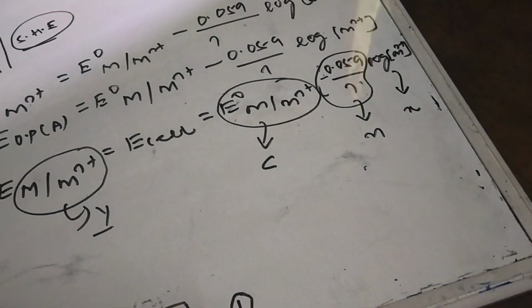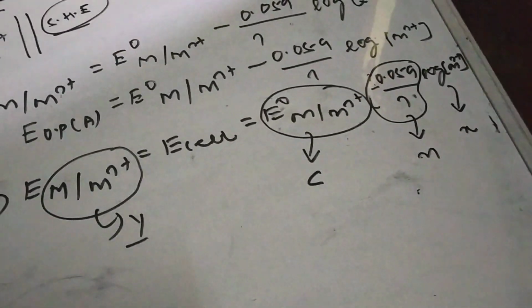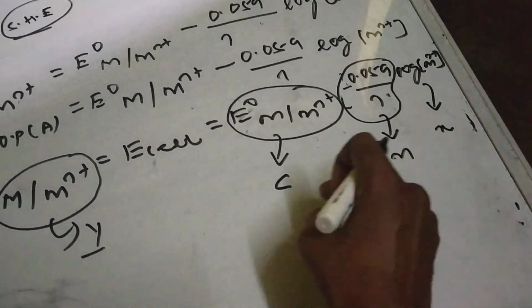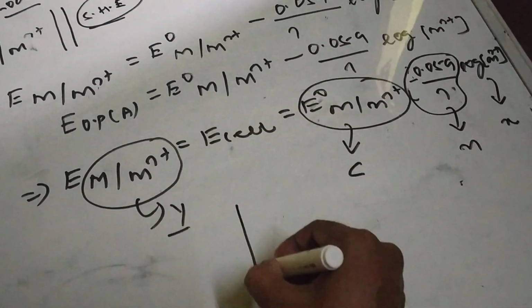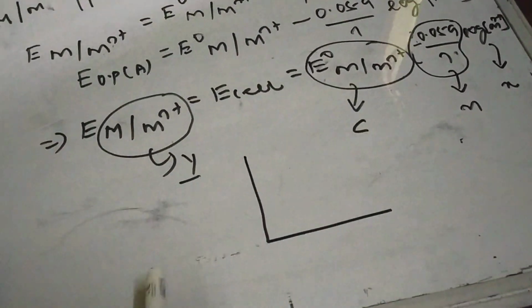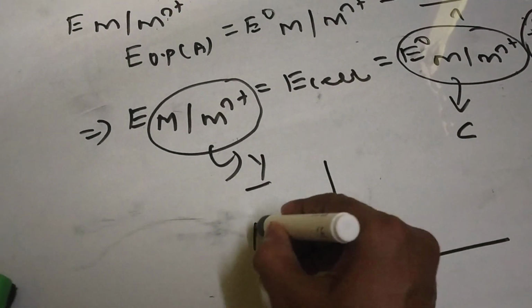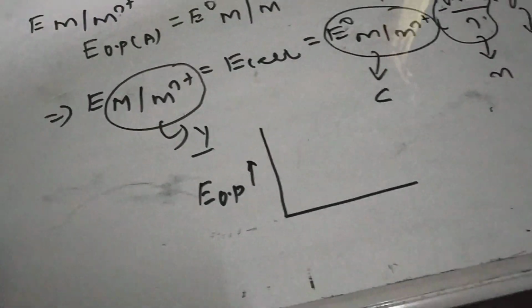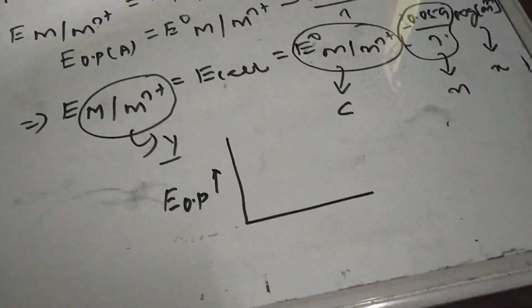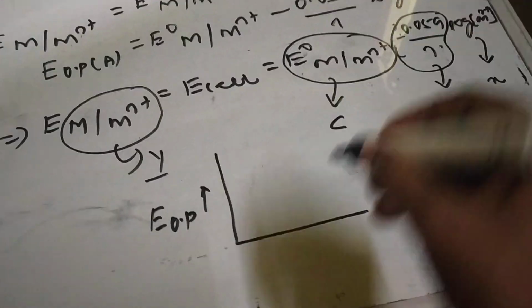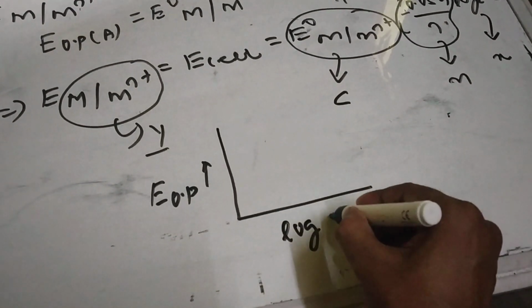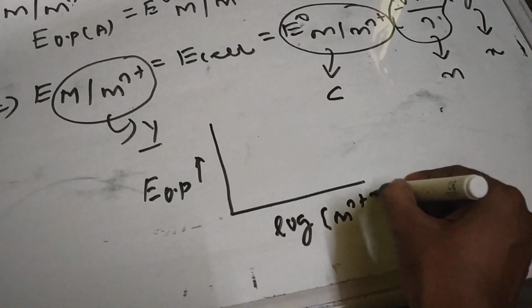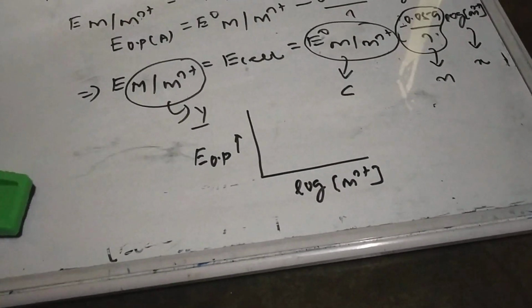So if I want to plot a curve by using the y is equal to mx plus c equation, along the y-axis I will take the oxidation potential, and along the x-axis I will take log Mn+, that is the concentration of ion.